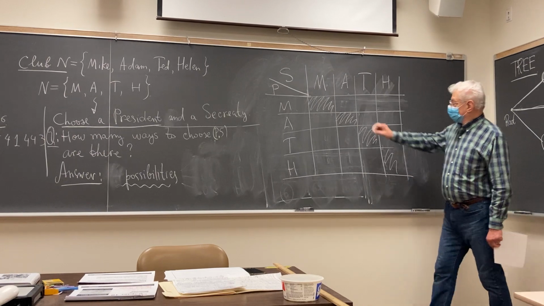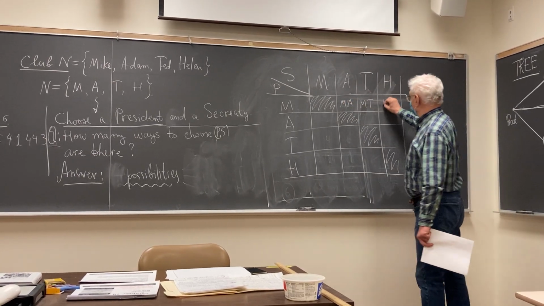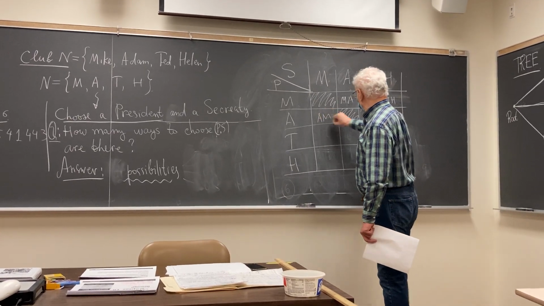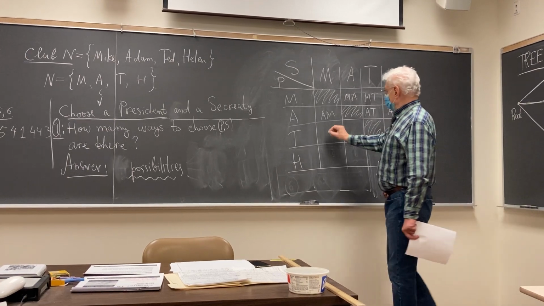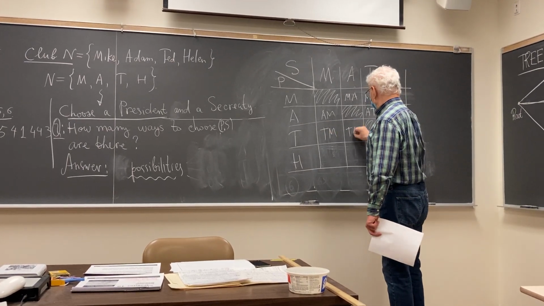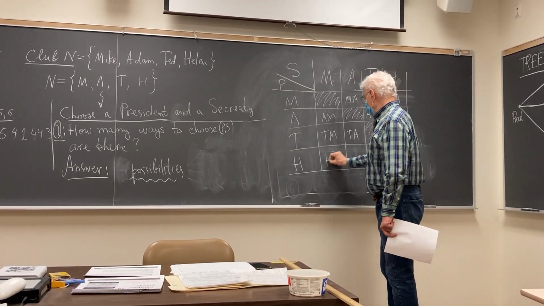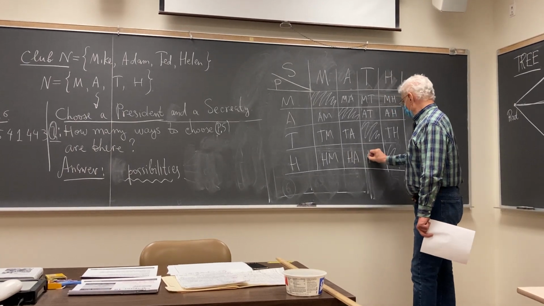And after that, now we consider the following: MA, MT, MH. Okay, AM, AT, and AH. Now TM, TA, and TH. And finally HM, and HA, and HT.